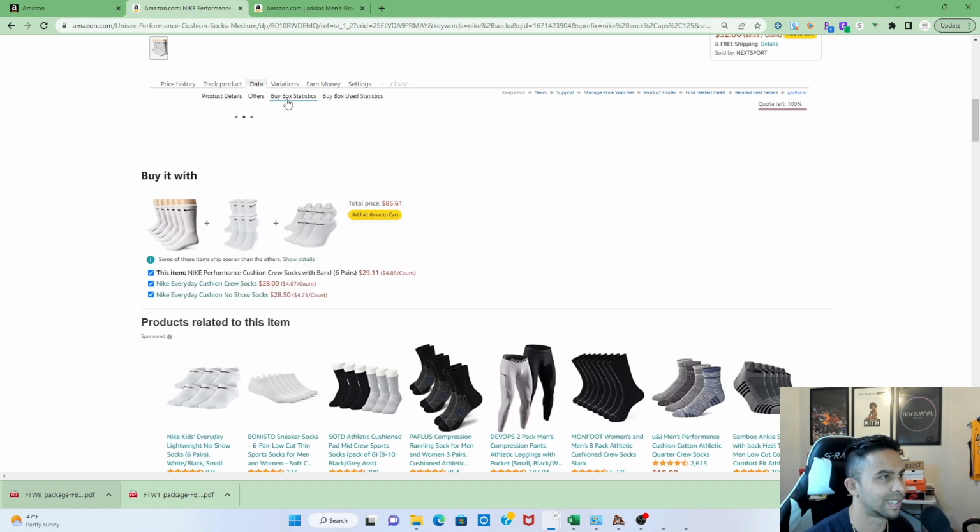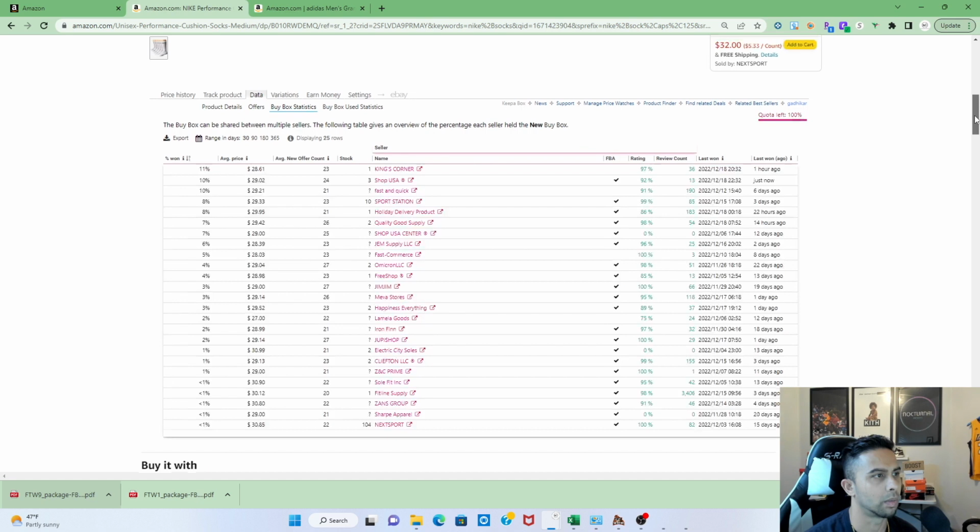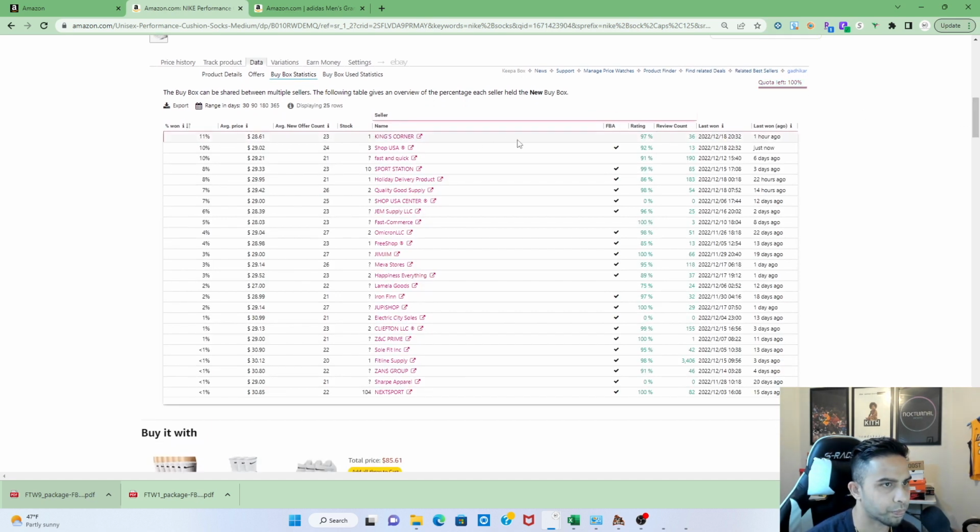buy box statistics, come on, okay. So this seller, King's Corner, has won 11%. This one, 10%, 10%, 8%, 8%. So this is distributed pretty evenly with the buy box. If I were to be on this listing, I could expect to get a somewhat even share of the buy box.